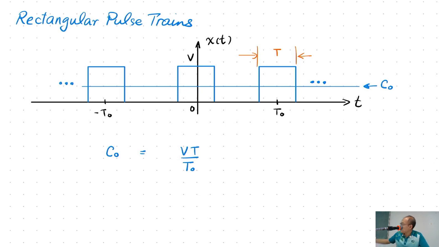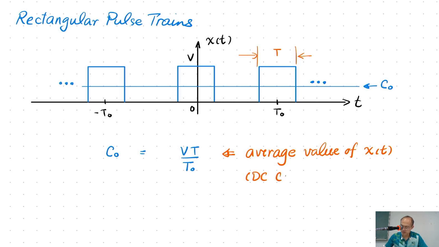If you think about it, C0 is the average value of the signal, x(t), or sometimes we call it a DC offset or DC component. It is the component of the signal where the frequency is zero, the zero frequency component.